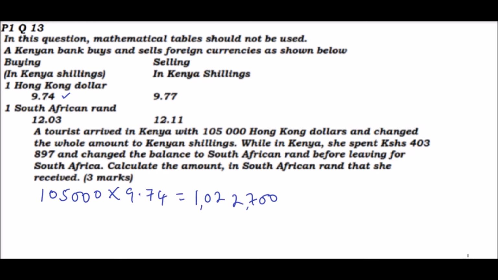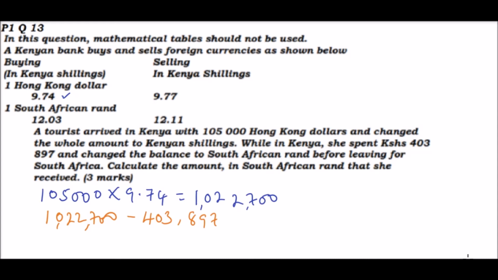So you are supposed to subtract the amount spent, which is 403,897, from 1,222,700, and that is the amount that you get.